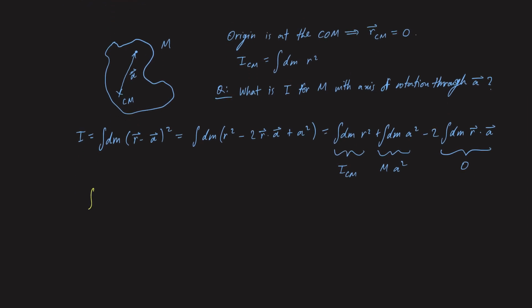We have the integral of dm r dot a. We can write this as the integral of dm r, dotted with the vector a. This is because a here is a constant, so we can take the vector a outside the integral, evaluate this integral over r, and then dot product it with the vector a.